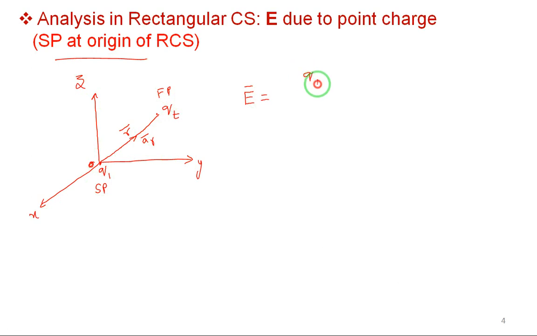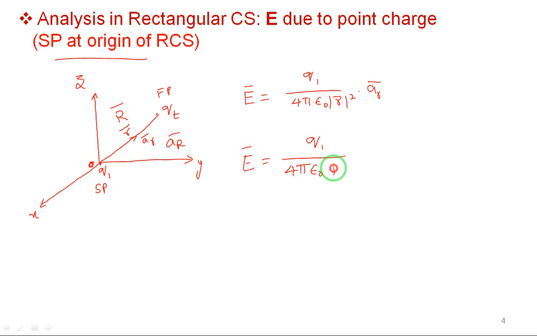It is equal to the source of the field Q1 divided by 4 pi epsilon naught, the distance between the two charges, magnitude of R square into a_r vector. Instead of making use of position vector, if I simply take R, the distance vector, and unit vector as a_r, then I will rewrite the formula. Don't get confused with the notations. If you understand the concept, you should not be confused with the notations. So 4 pi epsilon naught R square, so simply I will write R square into a_r vector.